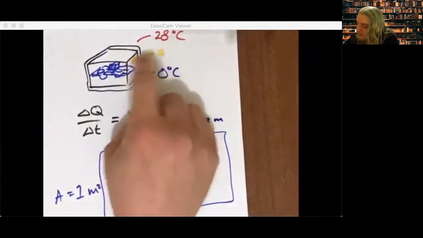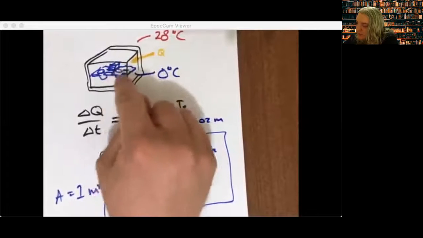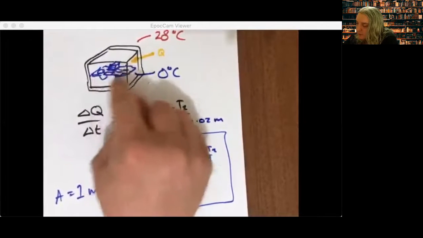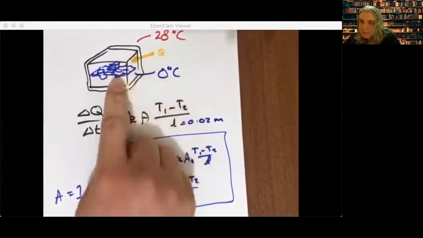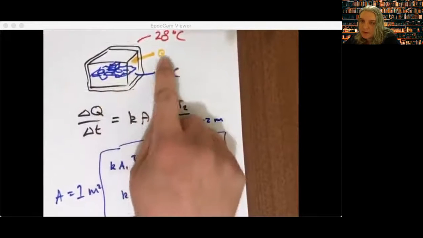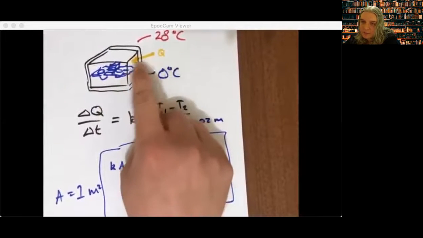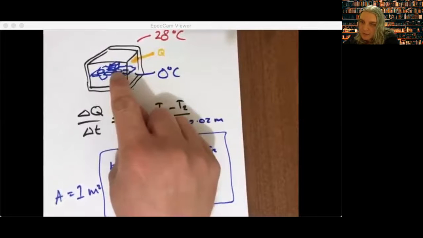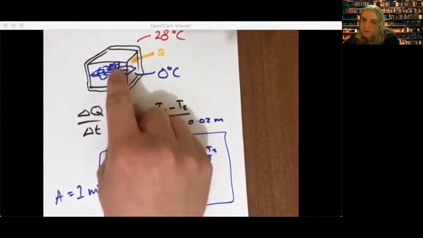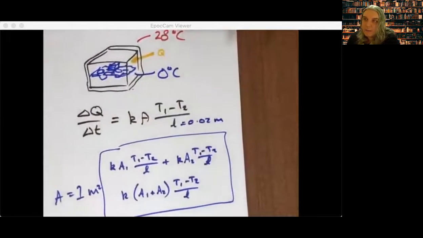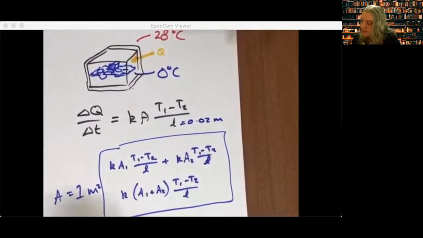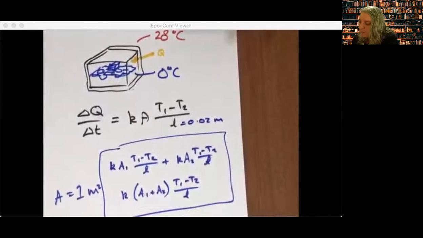As this heat flows in, this is not big enough to be a thermal reservoir. We can't assume that the internal energy doesn't change. But what we do know is that as it receives some heat and it becomes internal energy, it's going to be used to change the phase of that ice. Remember that the temperature is not going to go up until that ice is all melted. And since the question is about the energy needed to melt all of the ice, as soon as the ice is all melted, our scenario stops.